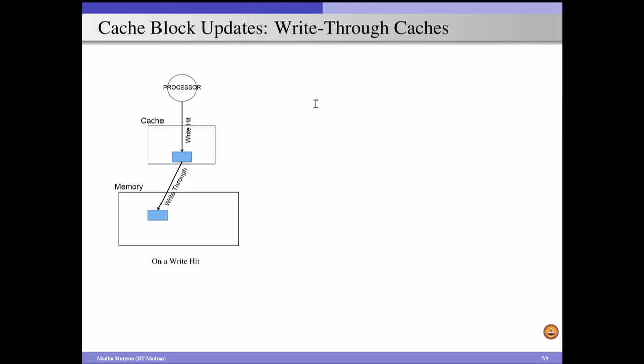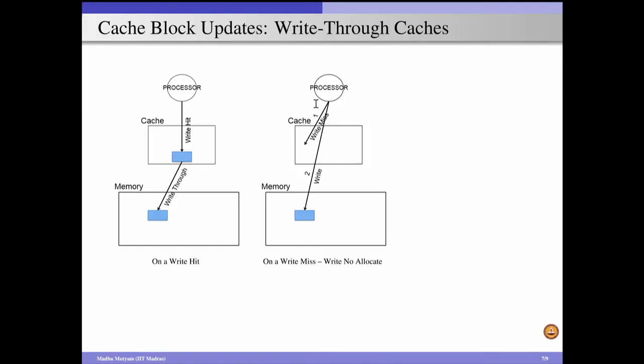So when we consider a write through policy, the processor generates, for example, a write request to a particular block. It will be written to the cache as well as to the lower level of the caches or the memory. In this particular example, we consider a two level memory hierarchy where the L1 cache and the memory are considered.